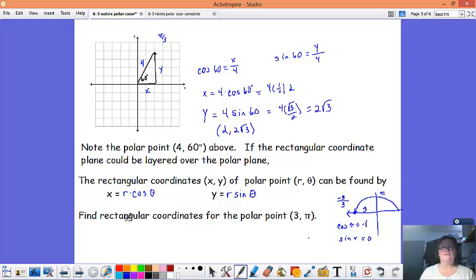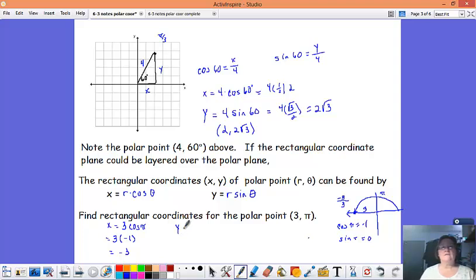The sine of pi is 0, because at this spot in a coordinate plane we're not up at all. So to find the rectangular coordinates, now this one you could do just by drawing your picture, but not all of them work that way. So we're going to follow the right procedure. To find the x coordinate, you multiply r, which is 3, times the cosine of theta, and our theta was pi. That is 3 times -1, which is the cosine of pi, or -3.